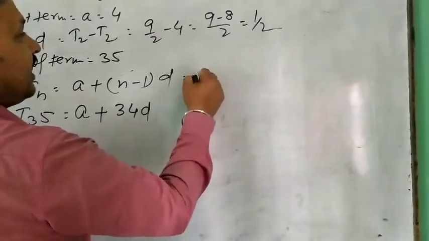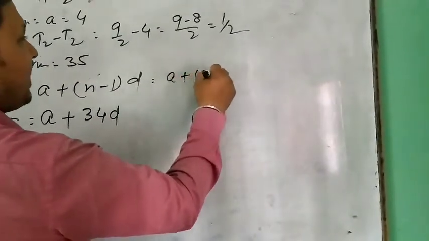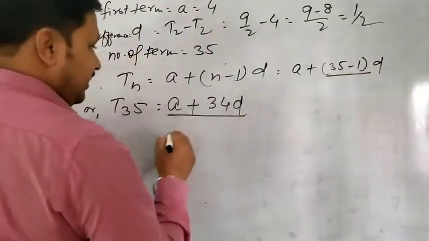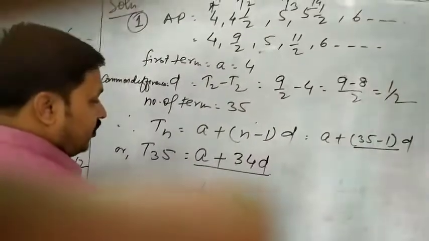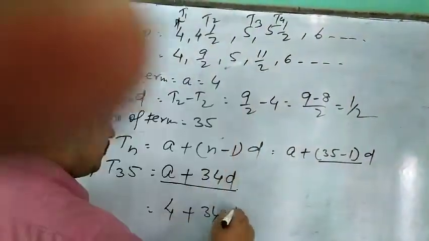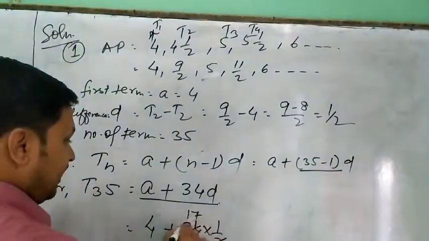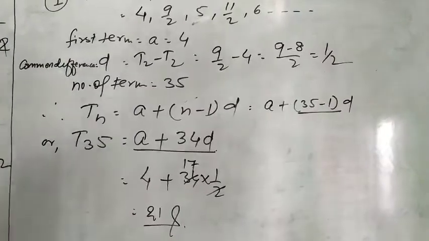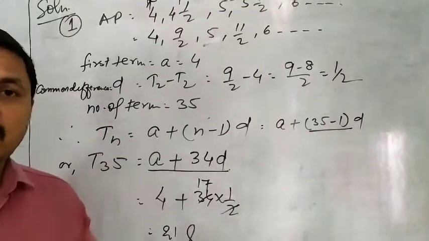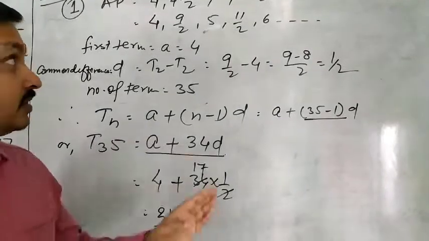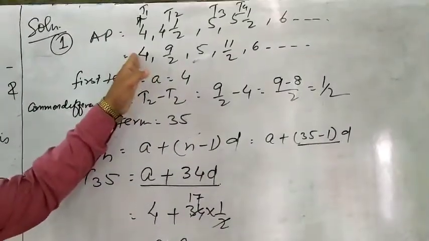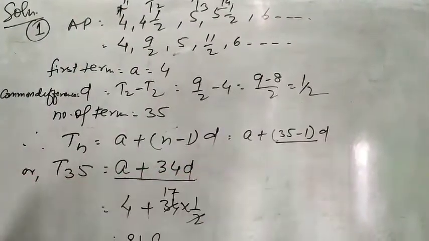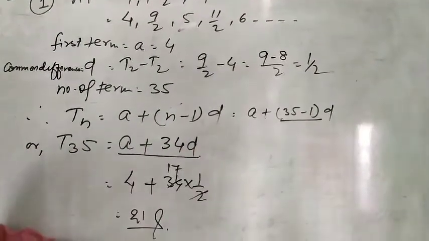That means a plus 35 minus 1 into D, that is 34D. Here a is 4 plus 34 into 1 by 2, that means 17. Your result is 21. Your first problem is solved. The 35th term is 21.